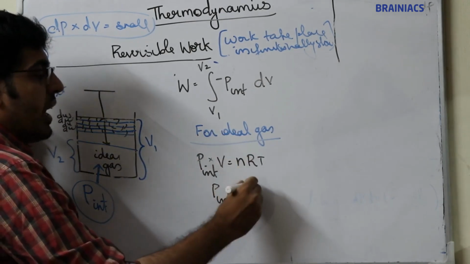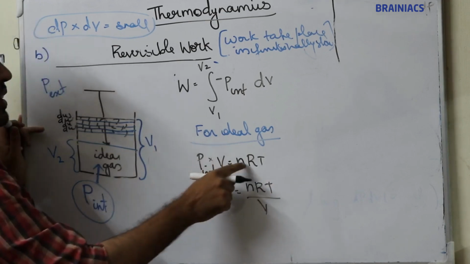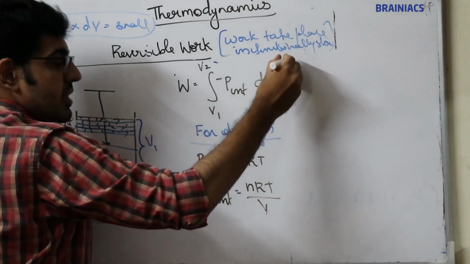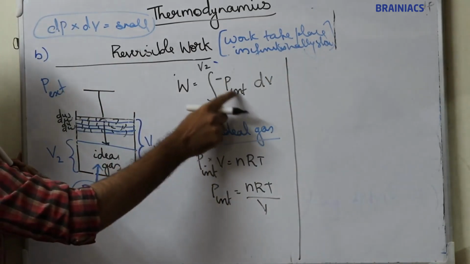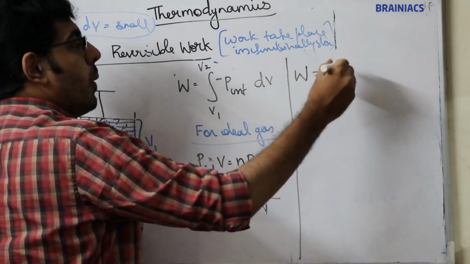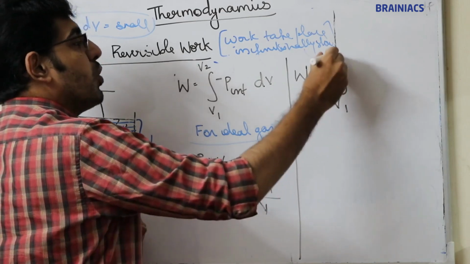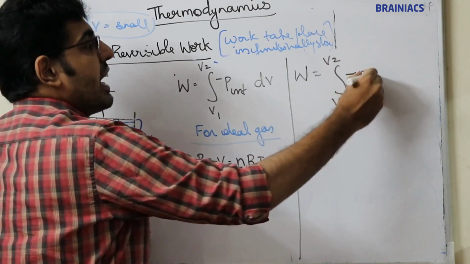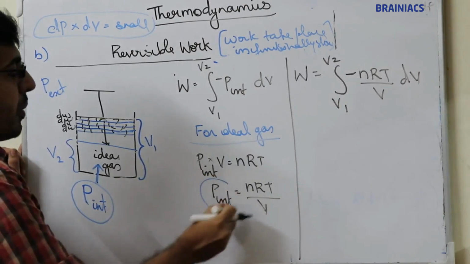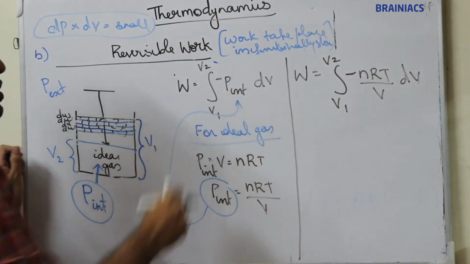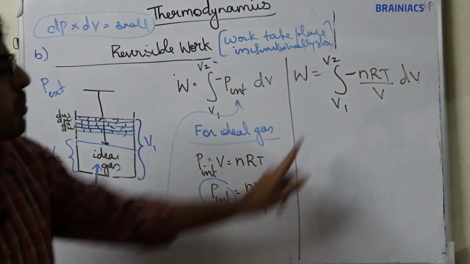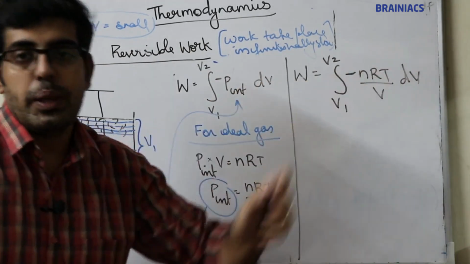P internal is equal to nRT by V. Substituting this value in this equation, instead of P internal, I am writing nRT by V. You will get W is equal to integration of V1 to V2 minus nRT by V dV.